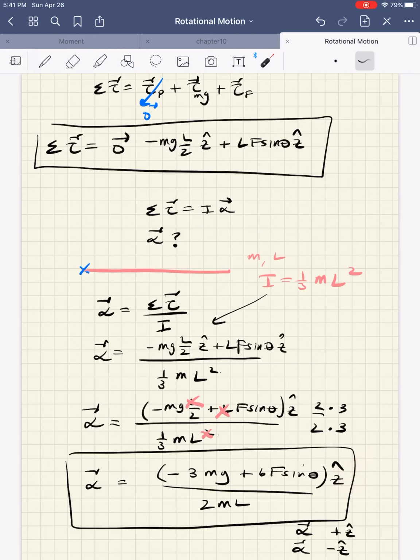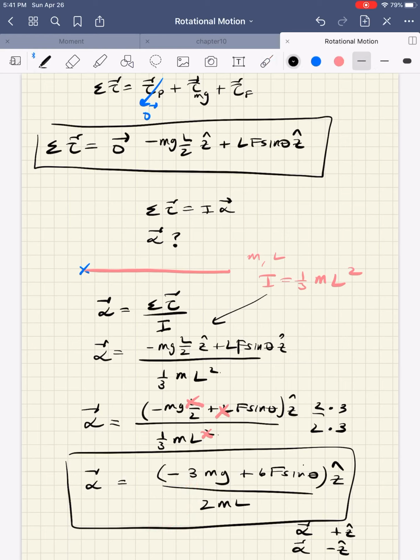If alpha is in the negative z hat, then the acceleration is clockwise, right? And so if omega's already moving in this way, then omega is just speeding up in the clockwise direction. There's acceleration. Or if it was initially moving counterclockwise, omega would be slowing down, coming to rest, and then changing its direction.